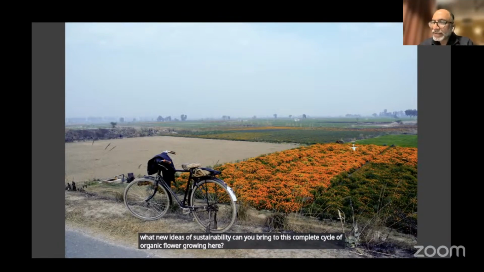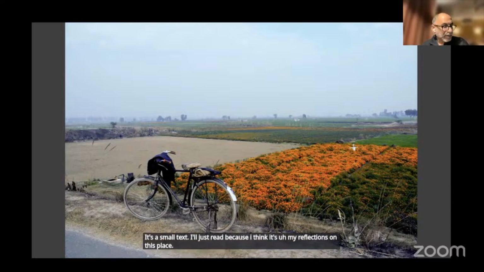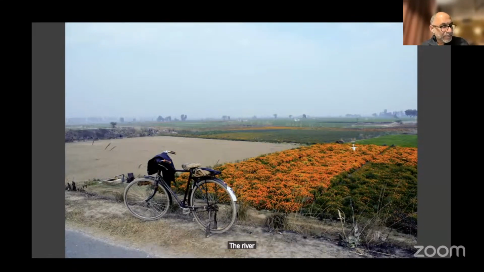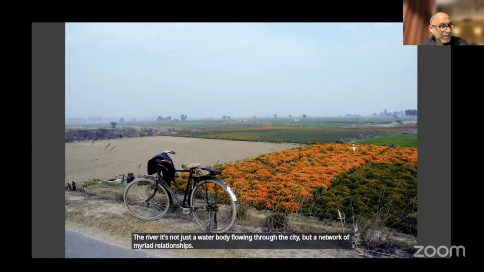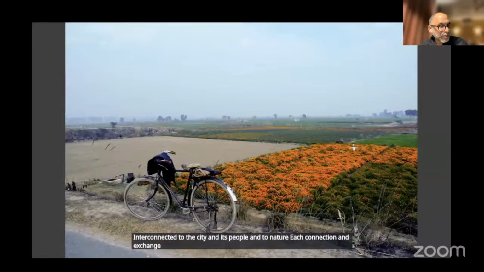It's a small text. I'll just read it because I think it's my reflections on this place. The river, it's not just a water body flowing through the city, but a network of myriad relationships, interconnected to the city and its people and to nature. Each connection and exchange and interchange, where the wise, fathomless waters give as much as can be received.